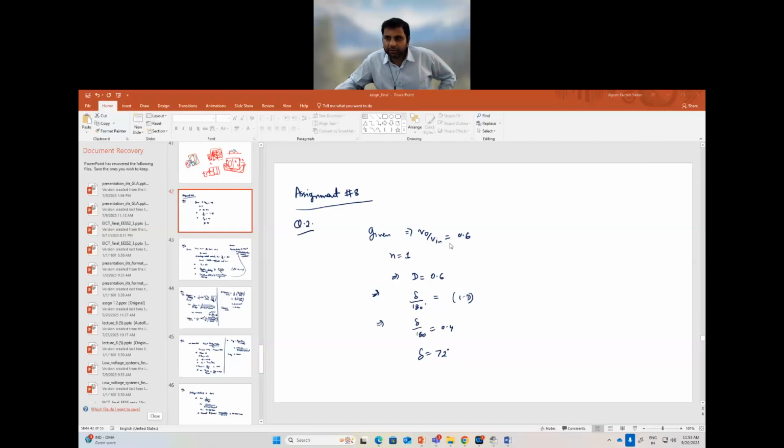V naught by V in is given as 0.4, that implies the duty ratio is 0.6, and we know that delta by 180 degree is nothing but 1 minus D. So 1 minus D becomes 0.4, and this multiplied by 180 will give you directly 72 degrees. So that is quite a straightforward question.